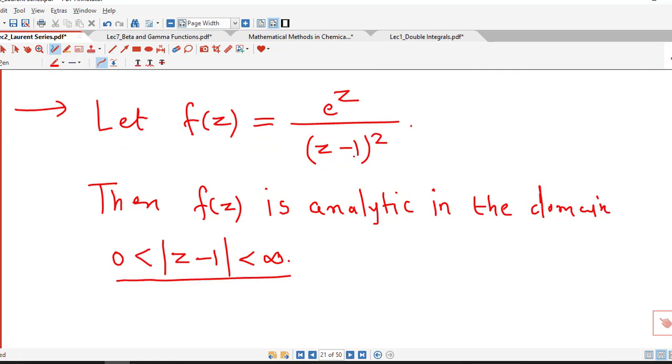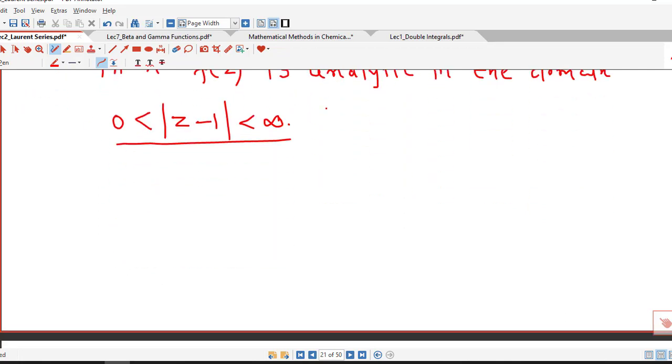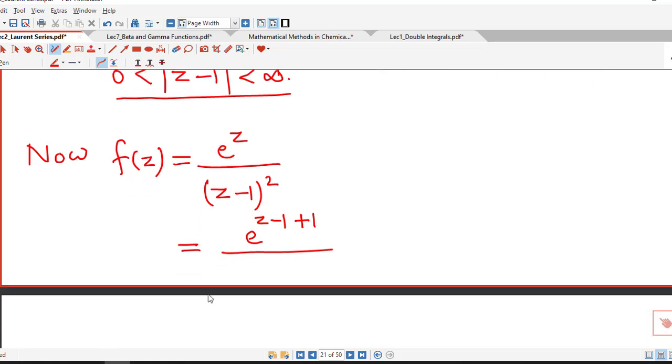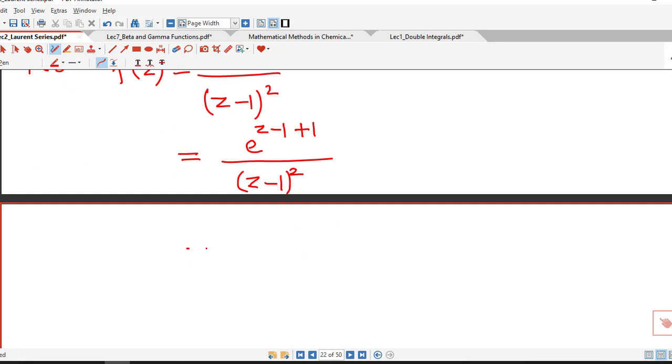Now this z minus 1 square is already in powers of z minus 1, so we have to represent e raised to z in powers of z minus 1. So for that we rewrite e raised to z: f of z is e raised to z divided by z minus 1 whole square, and we rewrite this power z as z minus 1 plus 1, because we require our Laurent series in powers of z minus 1, and we keep the denominator as it is.